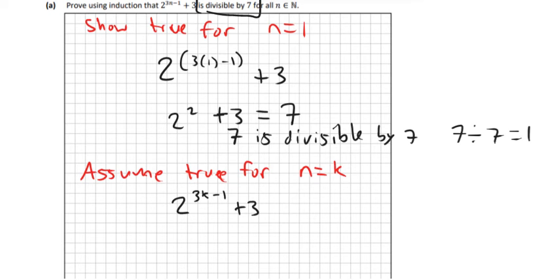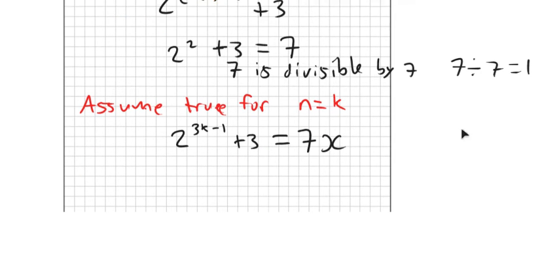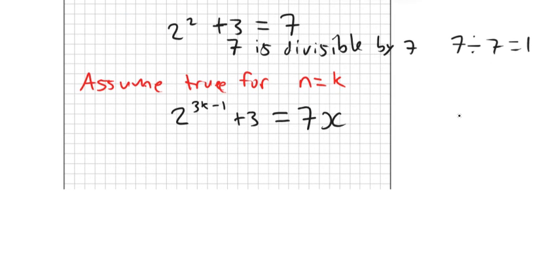So if it is divisible by 7, it has to be equal to 7 times some number, so we'll just call it the number x. So you could say 2 to the power of 3k minus 1 is equal to 7x minus 3. So we're going to be using some of this afterwards. We're just not sure yet where we're going to put it in.